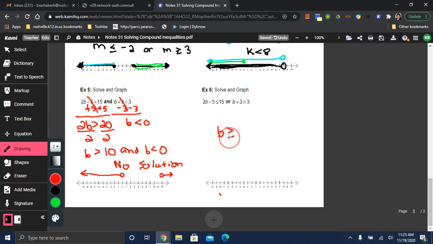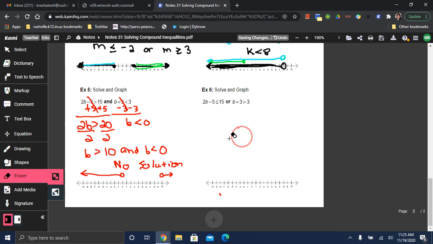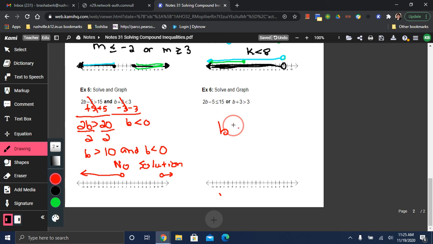B is greater than 10, not equal to, just greater than. So B is greater than 10, or B is less than 0. So remember, it was the same problem. I'm just changing the wording. Well, that is possible because only one part has to be true.